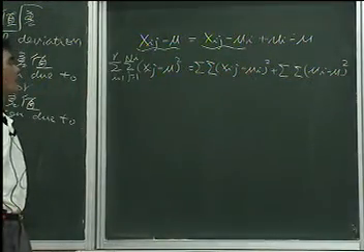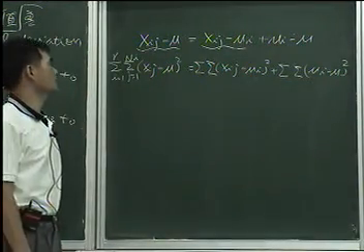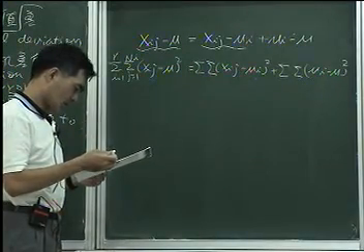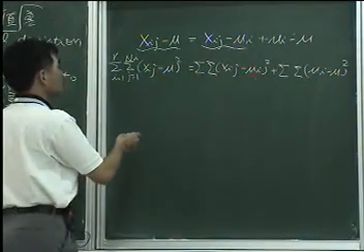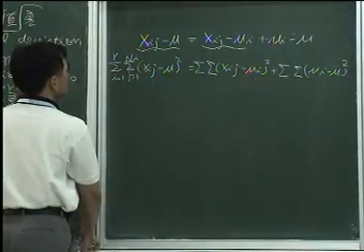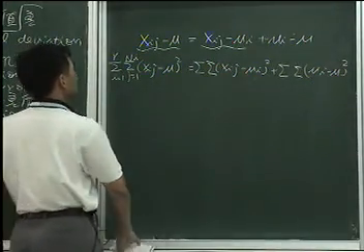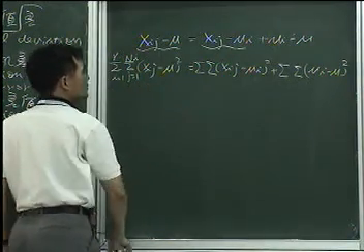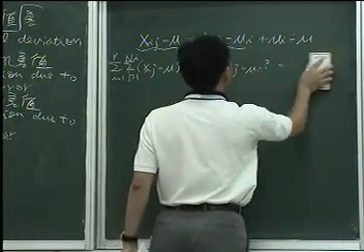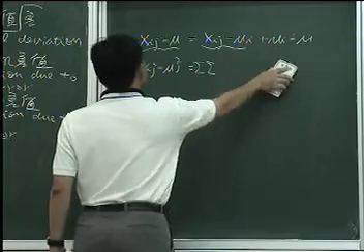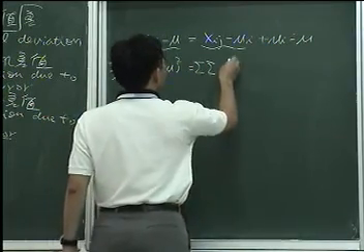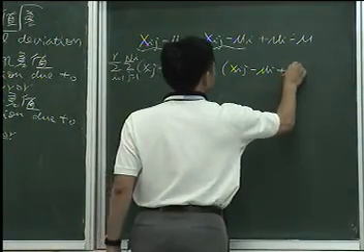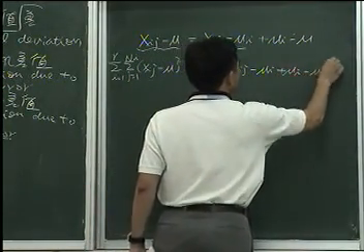And somehow we can simplify it. We can simplify this, and what do we get? Actually, hold on, I made a mistake here. Because we make a square here, we have to have the summation, and (Xij minus mu_i plus mu_i minus mu) squared.